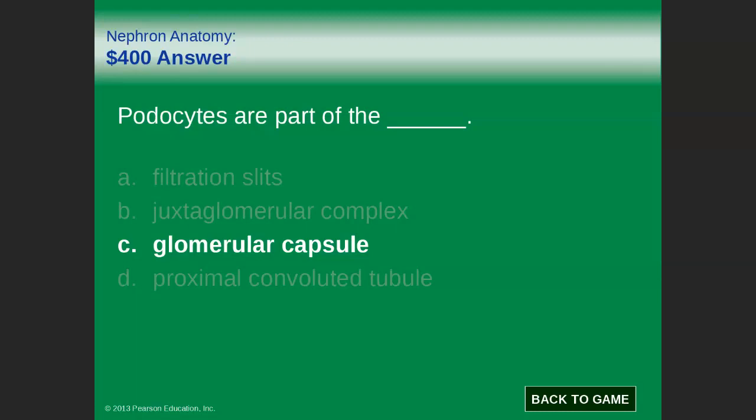Remember, the visceral layer is the podocyte cells and their pedicles with filtration slits.